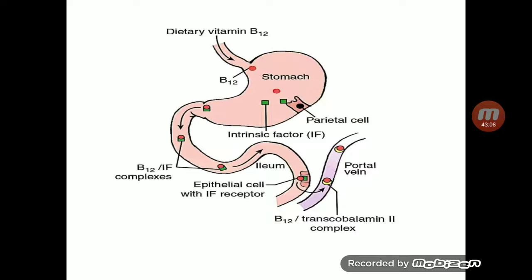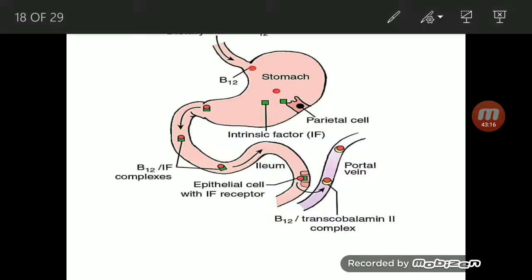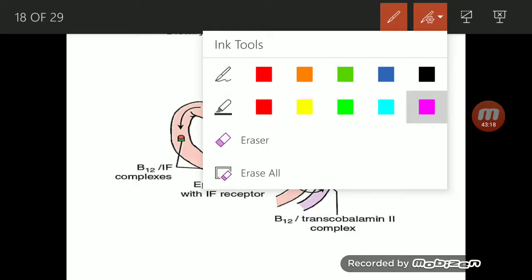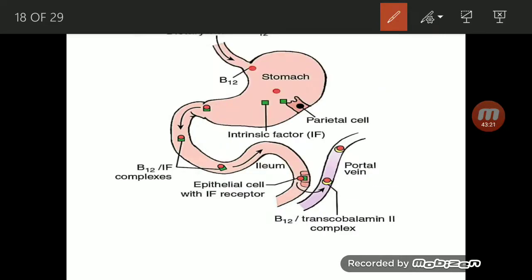Whenever you take vitamin B12 from your food, it is normally bound to a protein.